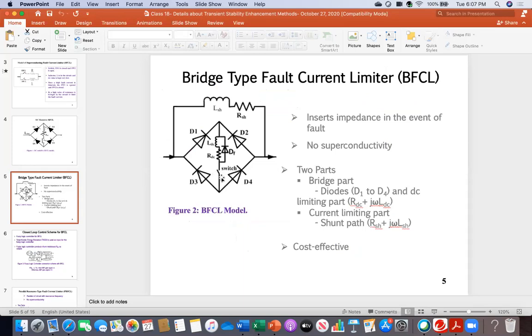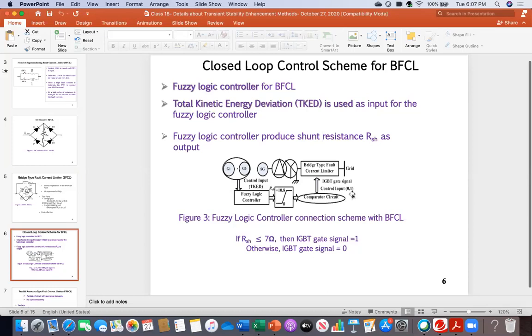So there can be various types of controller for this switch to get it open or closed. This is one example. This picture is showing that from the system it is taking TKD and accordingly it is producing that IGBT gate signal.